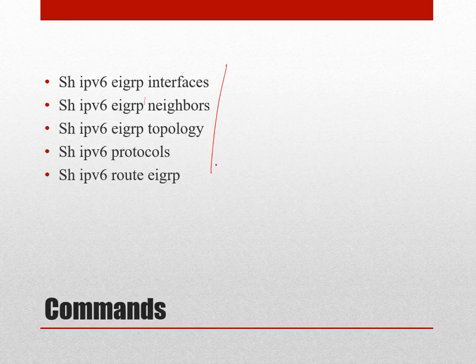Different commands for IPv6 protocols, very similar to what we had in the other one: interfaces, neighbors, topology, protocols, and then show ipv6 route eigrp. It's going to show you the EIGRP routes. When we do anything with IPv6 in today's world, you have to specify IPv6, and again you have to turn it on before you get there.